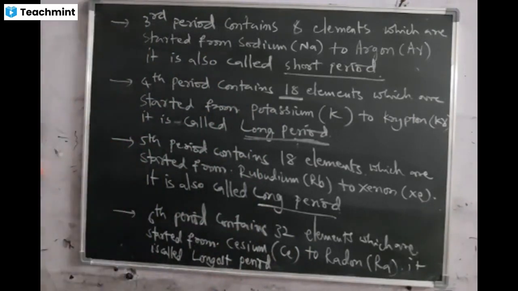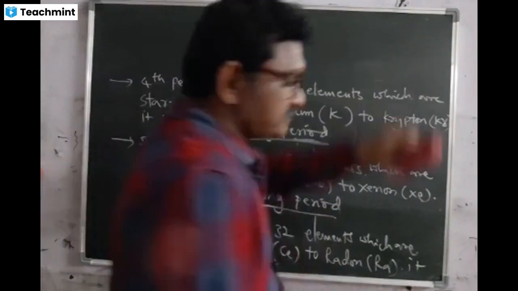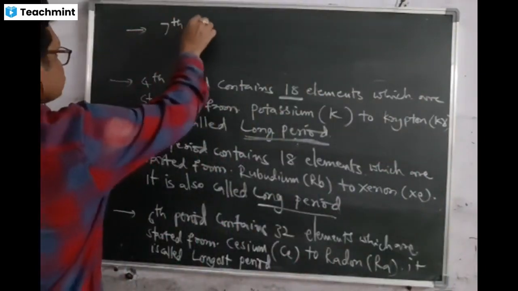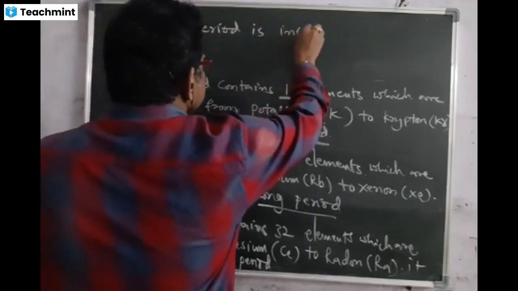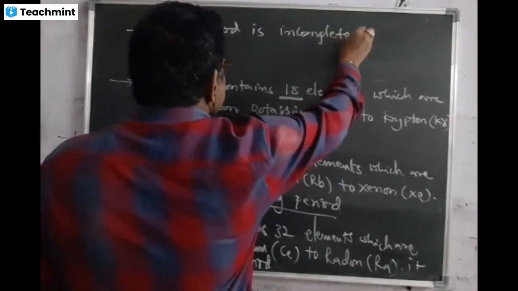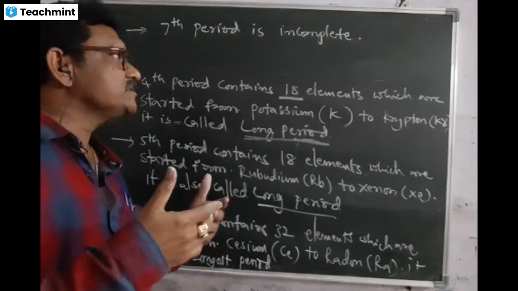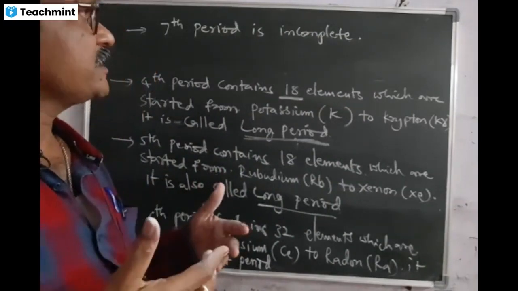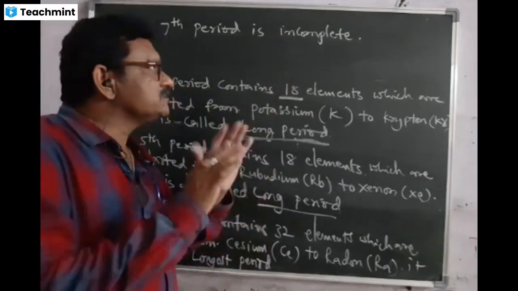Then see, the seventh period is incomplete. Simply write that the seventh period is incomplete. You don't bother about it. Research is going on day to day and new elements are added to this period, but we need not discuss it.